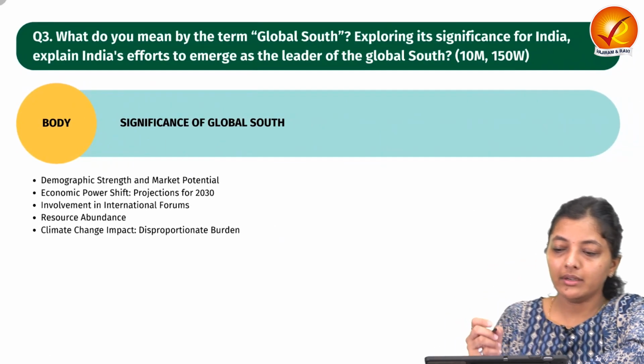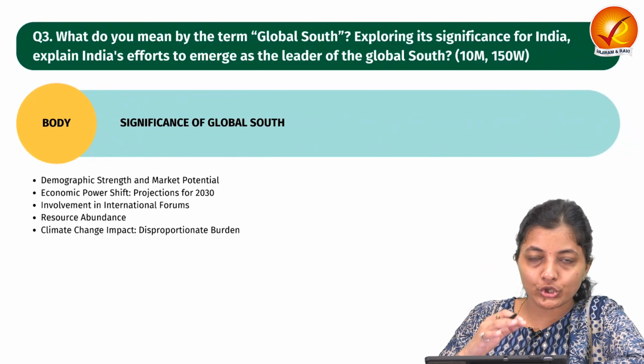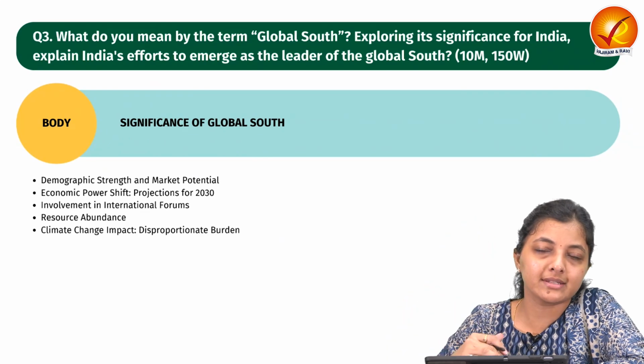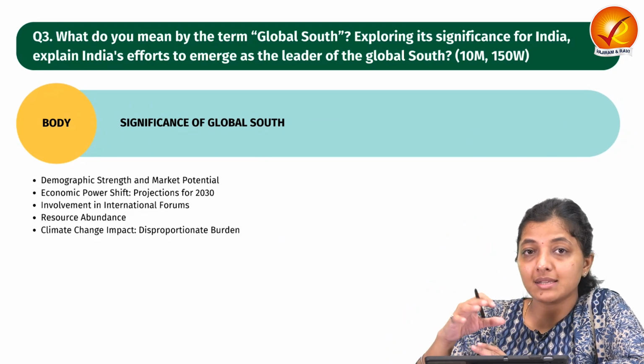Then you can draw a world map showing that this is the Global North and this is the Global South, and the Global South has some significance.